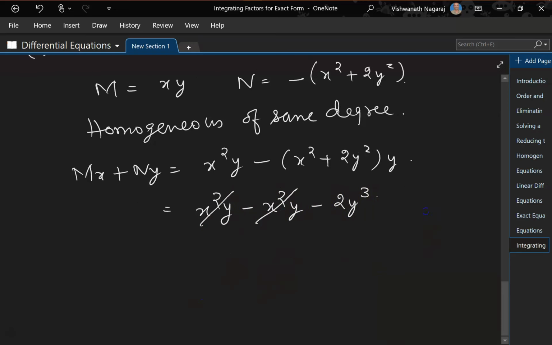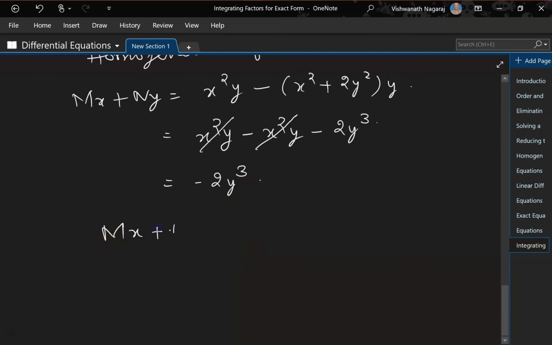So these two get cancelled and you're left with minus 2y cube. Mx plus Ny as per the rule is not equal to 0. So therefore the integrating factor would be equal to 1 by (Mx plus Ny), which is minus 1 by 2y cube.